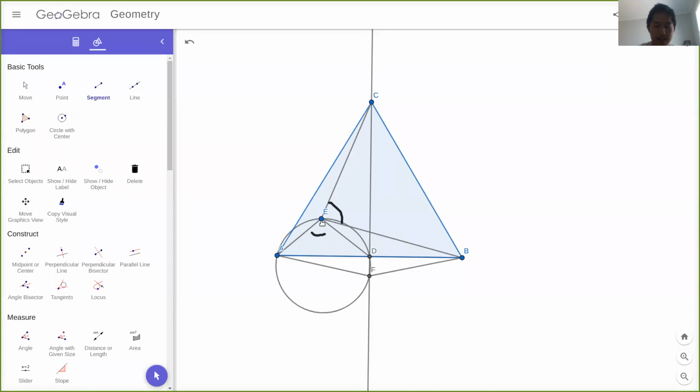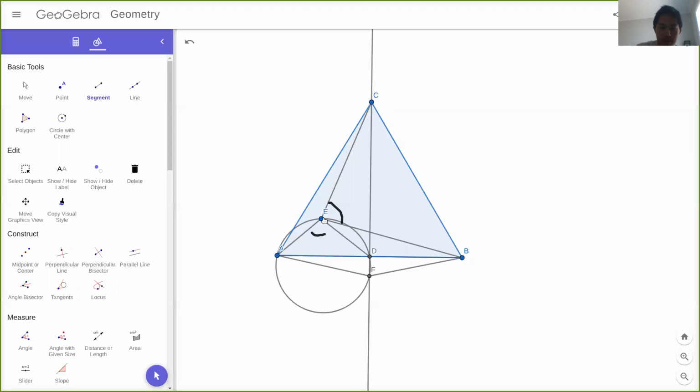So what we had is angle EAD or EAB is equal to angle EBC. And so angle EAD is equal to angle EBC. And we want to show that CEFB is cyclic.